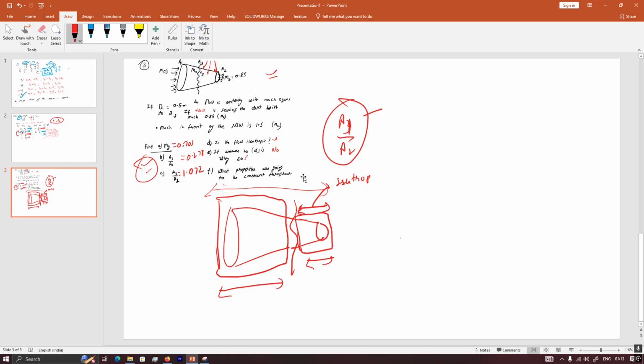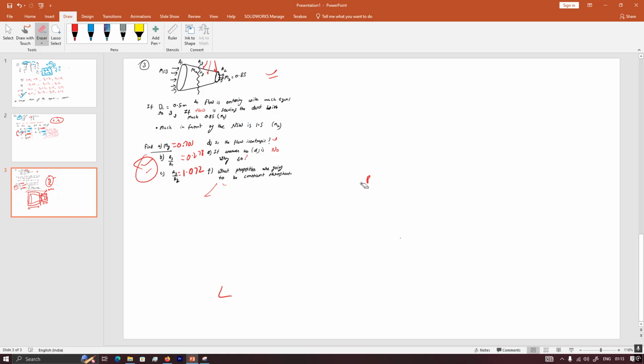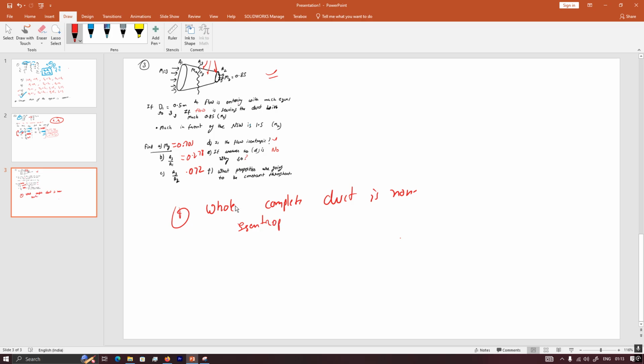Okay, so you can say like this: the whole complete duct is non-isentropic, but the region of M1 to Mx is isentropic. And the region of My to M2 is isentropic.